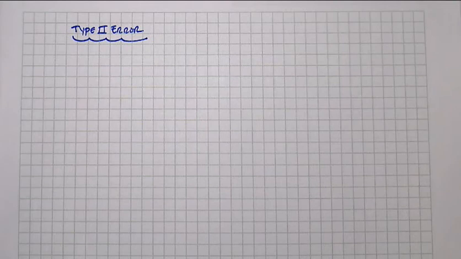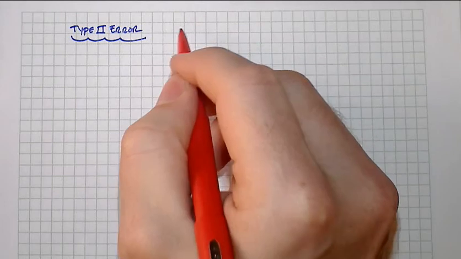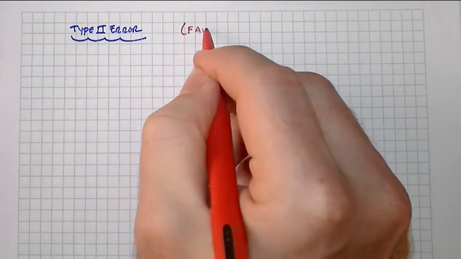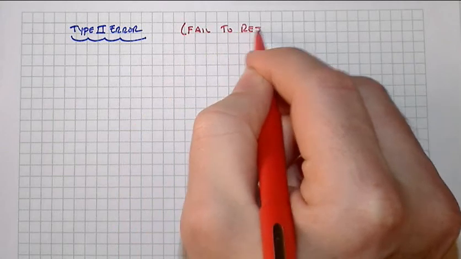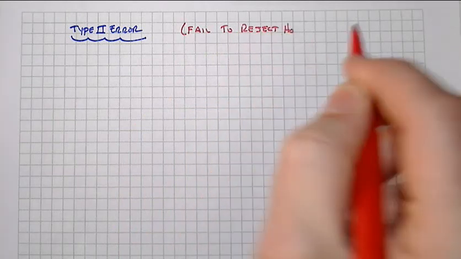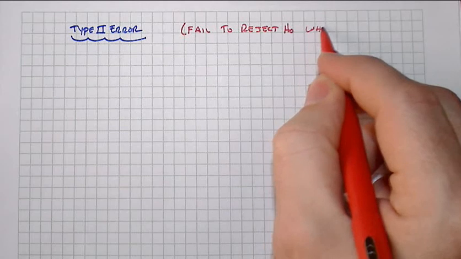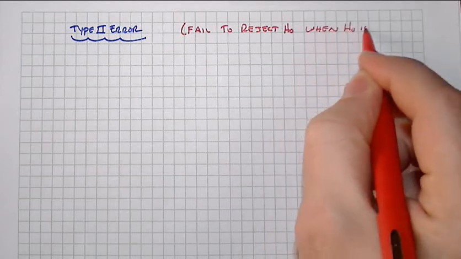So let's talk a little bit about how we might approach the case of estimating the type 2 error. And remember that that is the situation where we fail to reject the null hypothesis when it turns out that the null hypothesis is false.